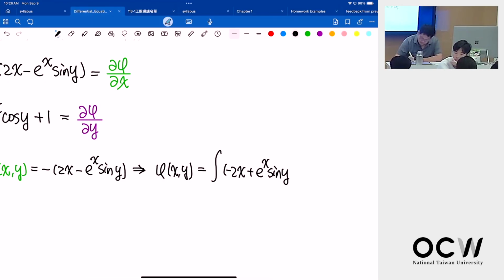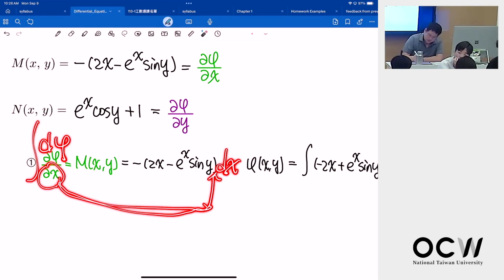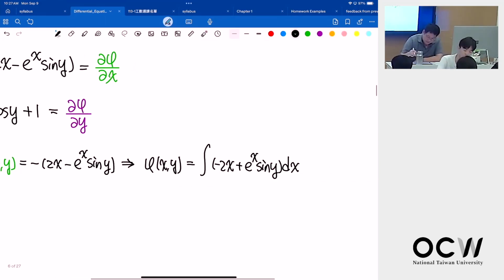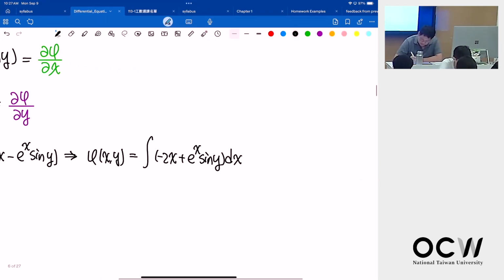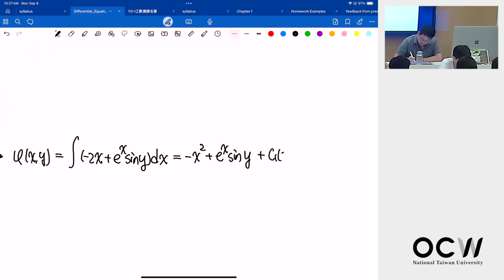Okay, and this integration you can also think about that the partial x will be like a dx, and here d phi. So you take the integration. All right. Then you get, I only take the integration with respect to x. Then I have minus x squared plus e to the x sine y plus a constant function of y.